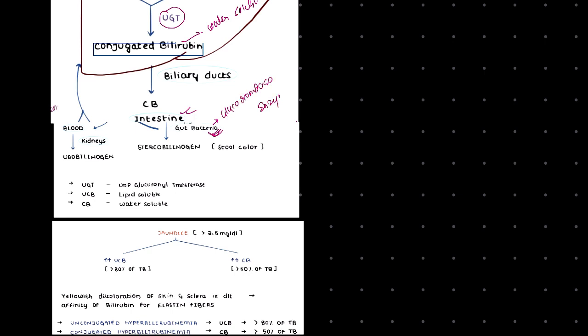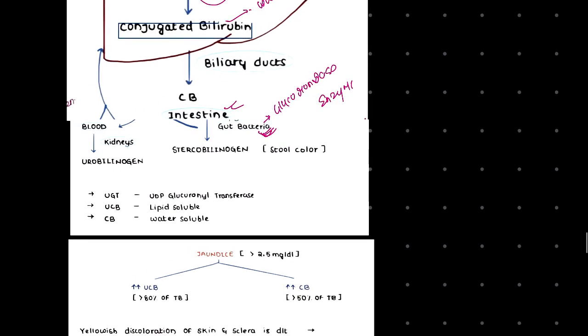This glucuronidase enzyme will convert the conjugated bilirubin into stercobilinogen and urobilinogen. Stercobilinogen causes the distinctive color of stool, and urobilinogen causes the color of our urine.